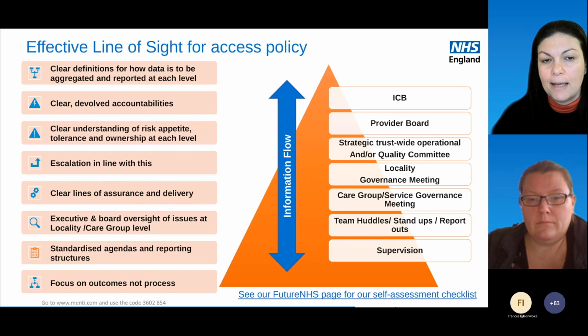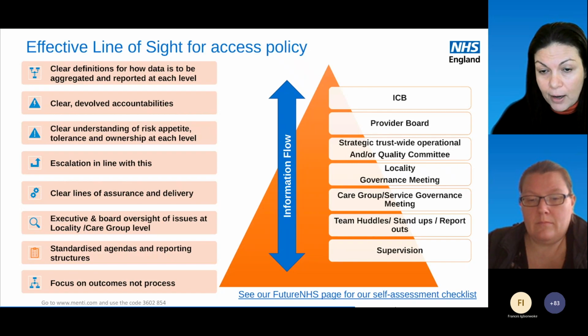Having a clear understanding of risks or barriers related to it, and having clear escalation as to how not only the information flow is going up and down the organization, but also any other issues related to it, to try and do the golden thread that we're all trying to seek at all levels of the organization. And having a standardized way of reporting too, as we said earlier.